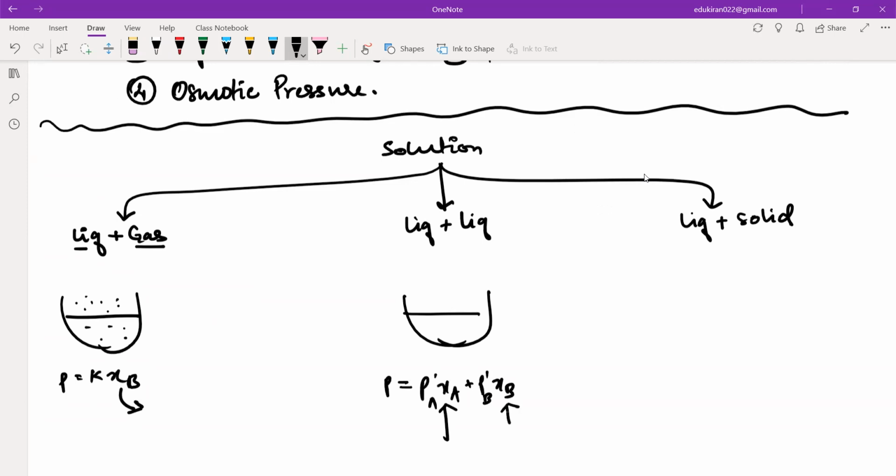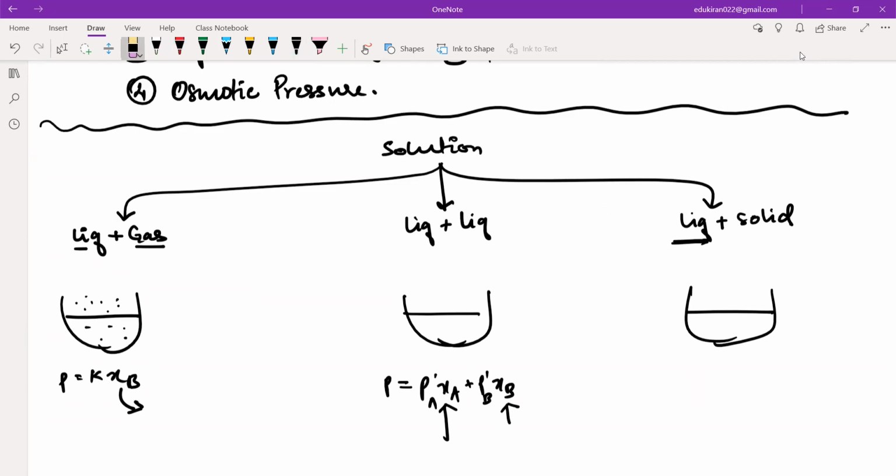But in the case where we have liquid solvent and solid solute, which has escapability? Only liquid, right? Solid cannot escape because it cannot vaporize at normal temperature. You have to heat it.